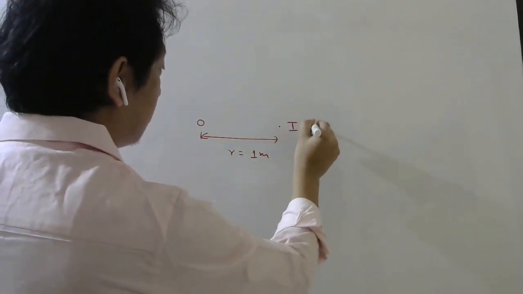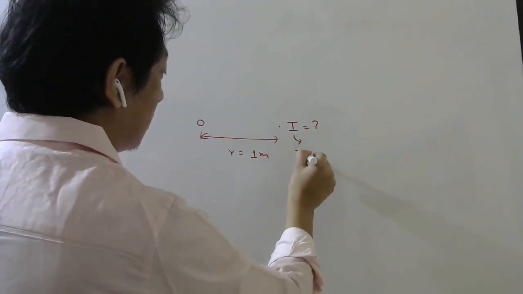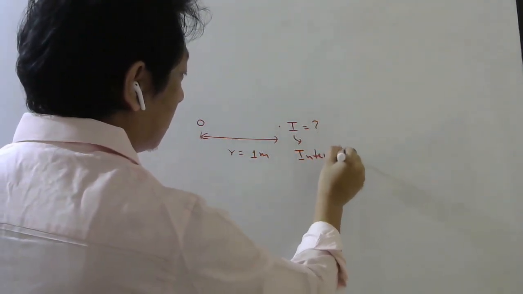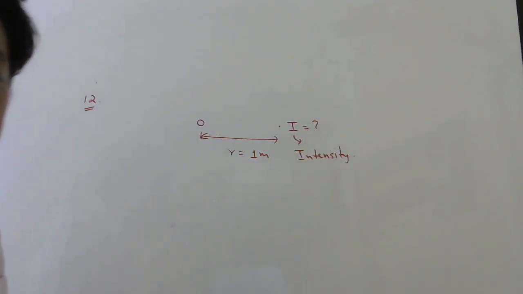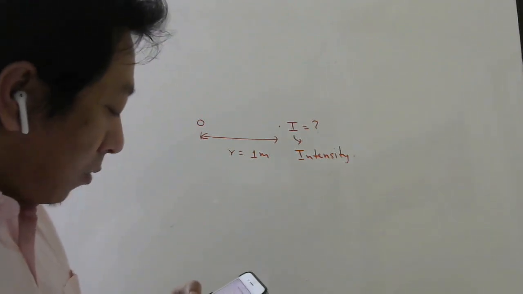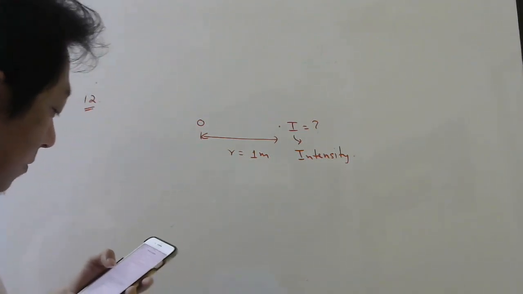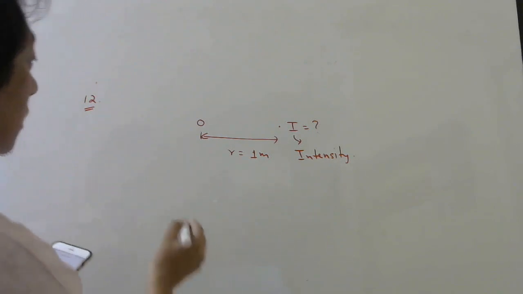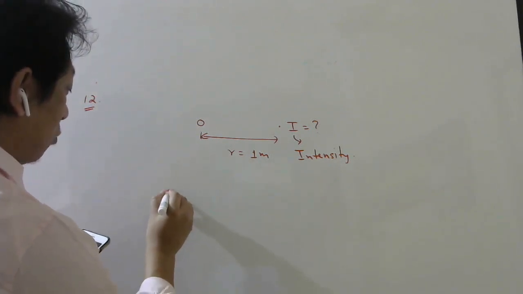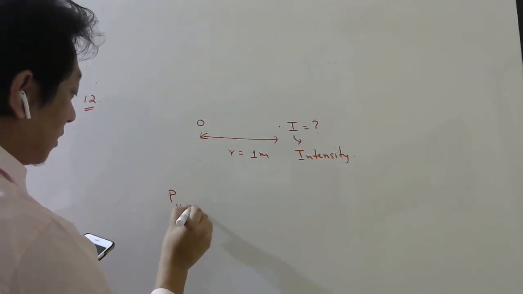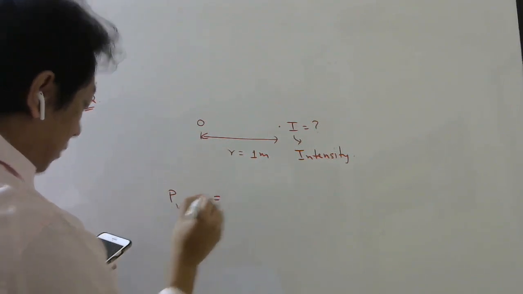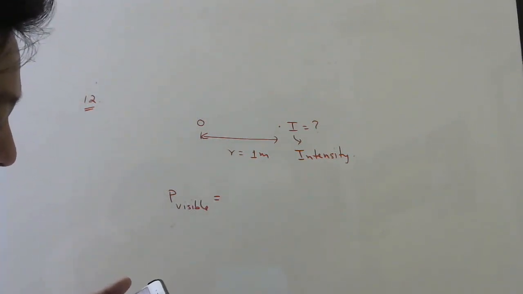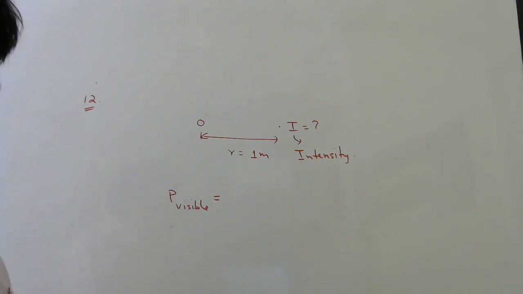Intensity they want, not current. So how to find the intensity? Power they have given. First, let us calculate the power of visible radiation. They told 5% of the power of the 100-watt light bulb is converted to visible radiation.